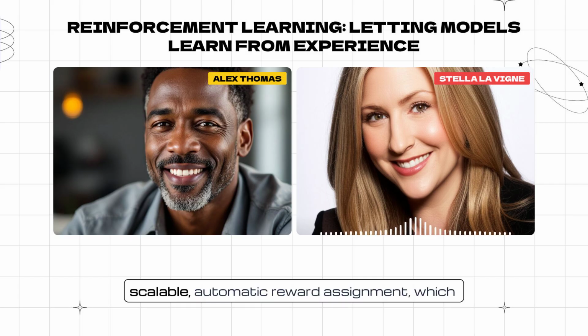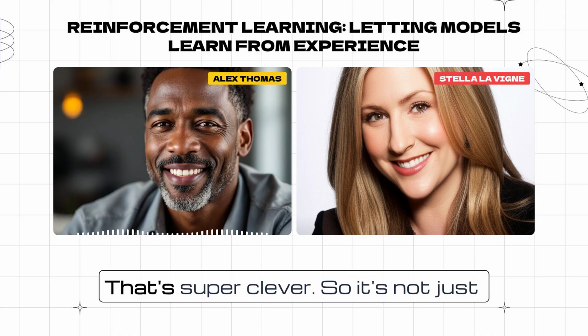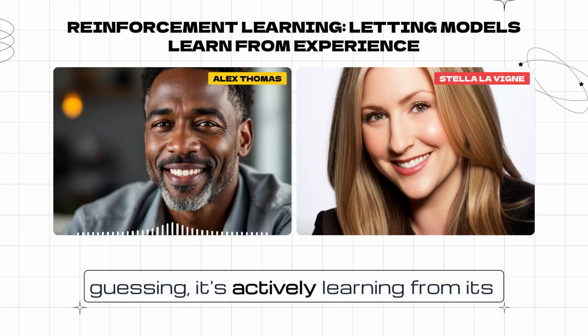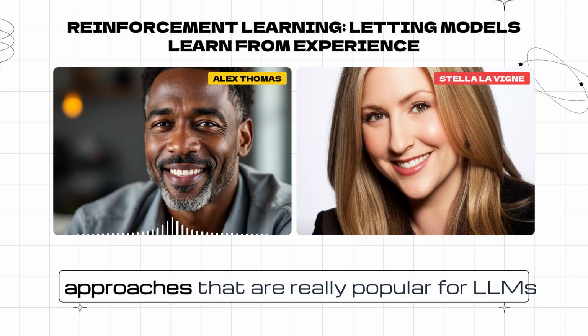This provides scalable, automatic reward assignment, which really speeds up learning cycles, and it helps models understand which reasoning patterns lead to better outcomes. That's super clever. So it's not just guessing, it's actively learning from its own attempts. Are there specific RL approaches that are really popular for LLMs right now?